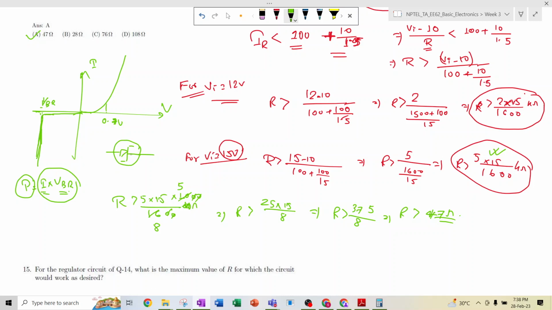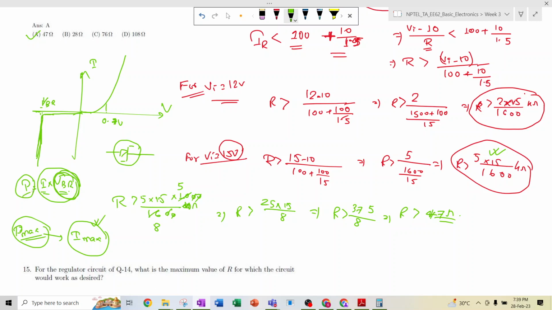The limitation in the case of a diode, or any resistor, is always written in terms of power. By this power you can always calculate the maximum current that can flow through that Zener diode, because you know the breakdown voltage, or at what voltage the diode is operating.